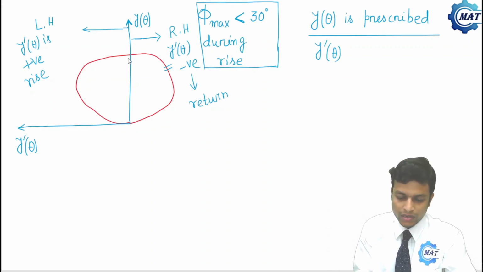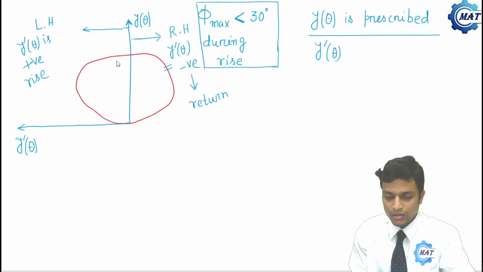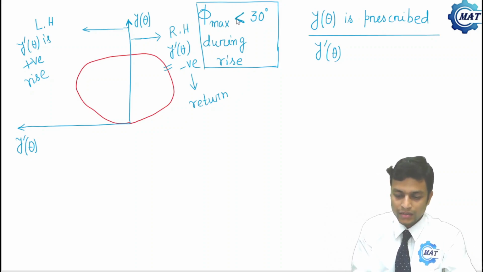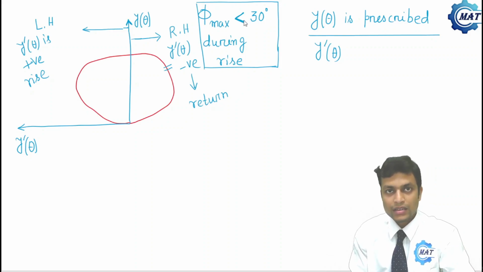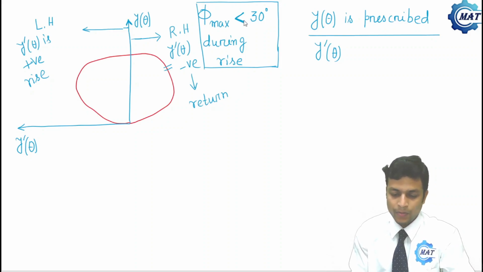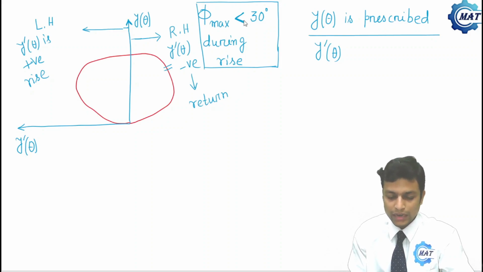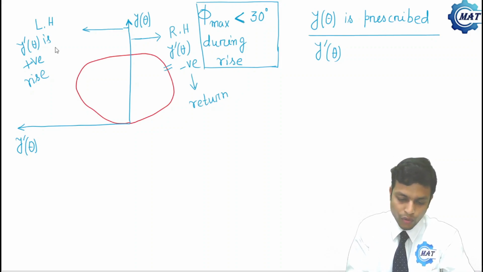So for the left hand side of the plot, phi should not exceed 30 degree. That is, phi max must be less than 30 degree. To maintain that, what we can do, that we can draw a line which makes 30 degree to the vertical, and that just touches the left hand portion of the curve, that is this line.